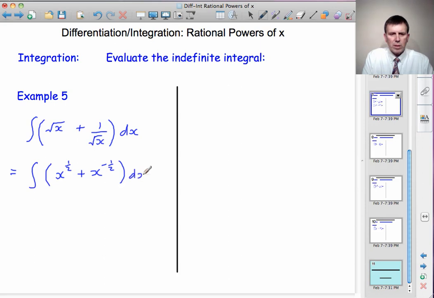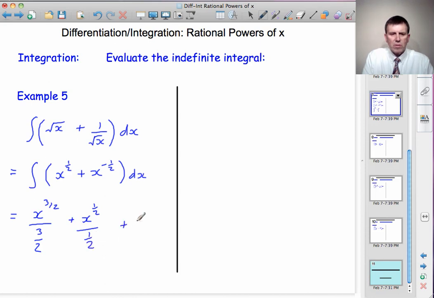And now we're ready to integrate. If we integrate x to the half, we raise the power by 1 and we get x to the 3 over 2 divided by the new power. Integrate x to the minus a half and we raise the power to plus a half, 1 more than minus a half, and divide by the new power.